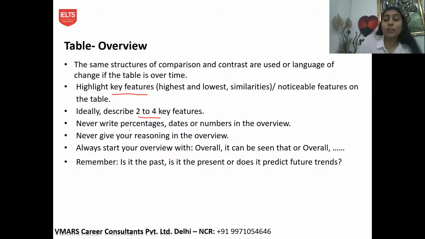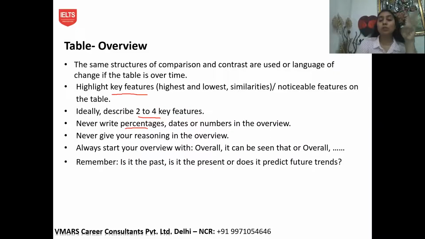We cannot write percentages. Now it is the highest, but how much highest? Let's say the sales of strawberry ice cream in the winters was the highest. That you can say, but you cannot say how much it was highest and that it reached 78%. So you are not going to give the percentage.